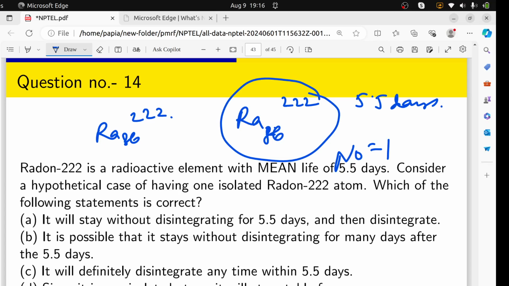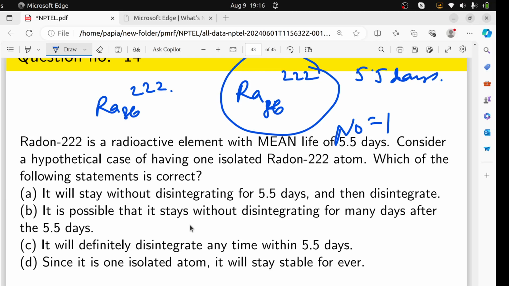Which of the following statements is correct? It will stay without disintegrating for 5.5 days and then disintegrate. It is possible that it stays without disintegrating for many days after the 5.5 days. It will definitely disintegrate anytime within 5.5 days. Since it is one isolated atom, it will stay stable forever.